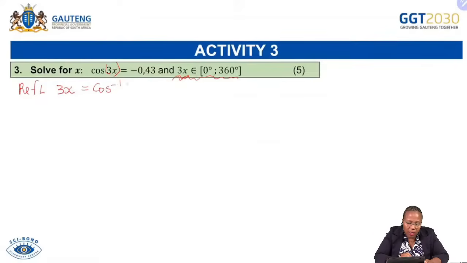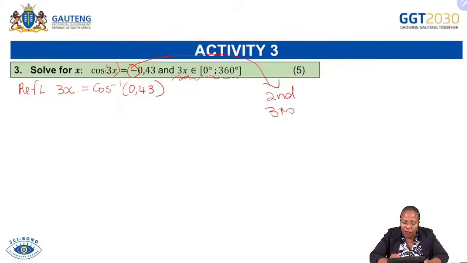Okay, and then now with the 0,43, can you see I am omitting the negative because this negative is indicating where cos is negative. That is the second quadrant and the third quadrant. So those are the quadrants that you will be working in. And then now on your calculator, second function cos 0,43.